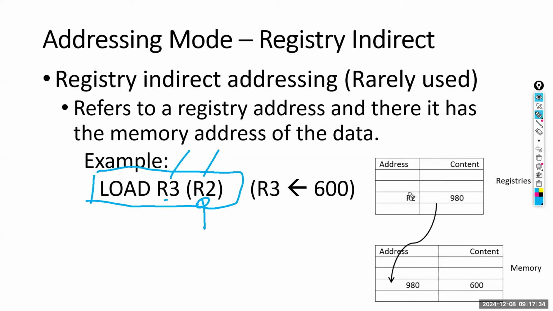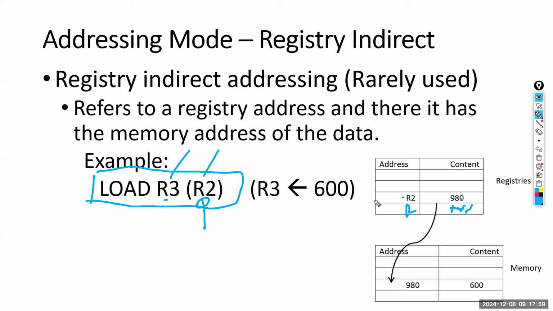Say register 2 has some value. Say register 3 maybe currently has some value, but we are not interested. Now you go to register 2, it has a value, and if this is direct, you load the value 918 to register 3. But that is if this is direct.